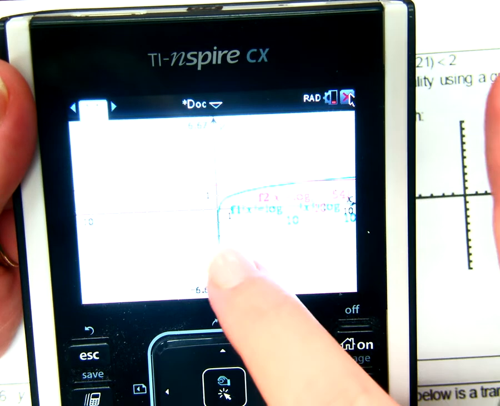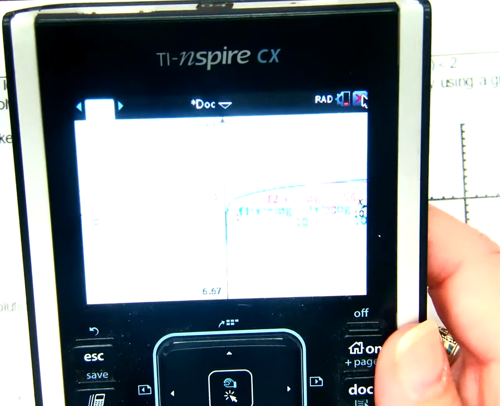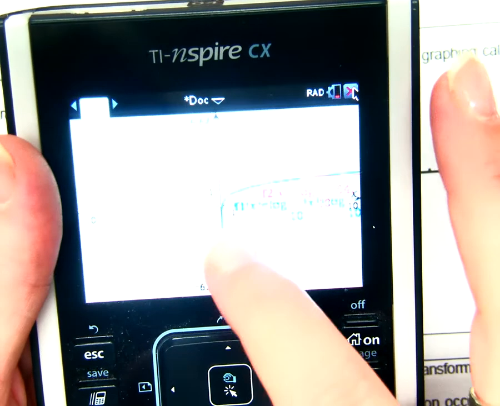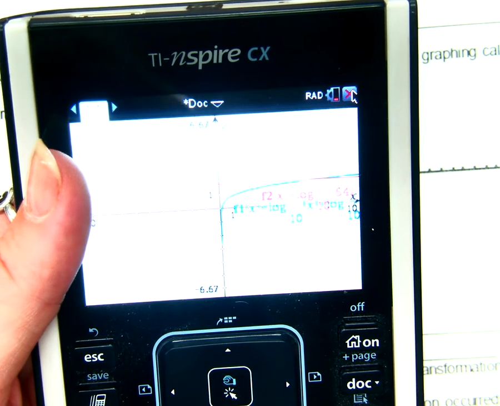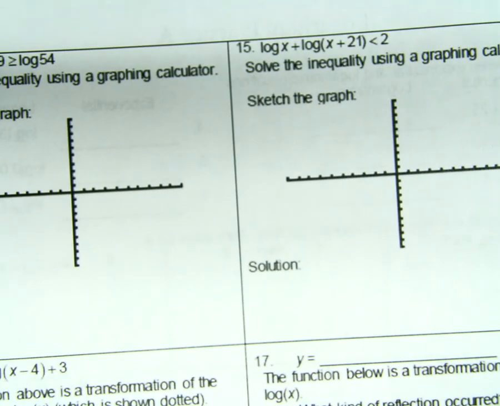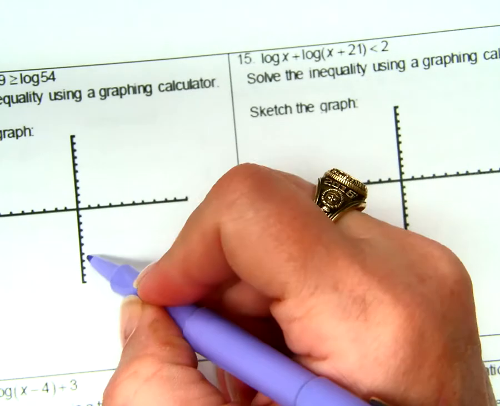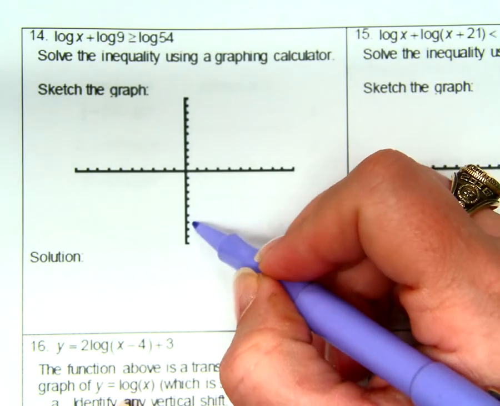So what we have to figure out is this blue one was the first one that we put in, log of x plus log of 9. When is that greater than or equal to log of 54? I'm going to graph it a little bit magnified so we can see it better.